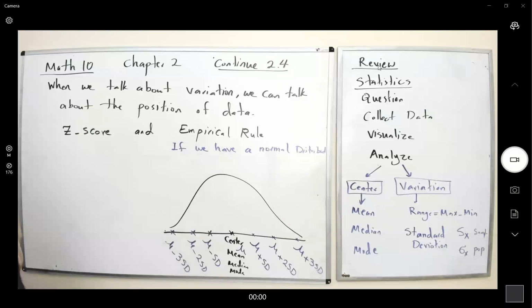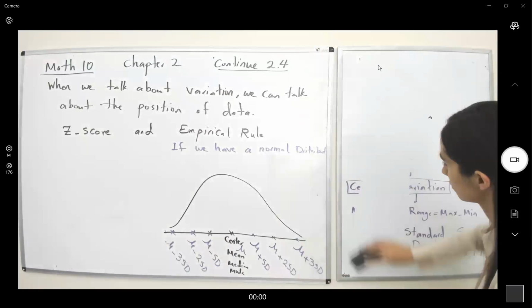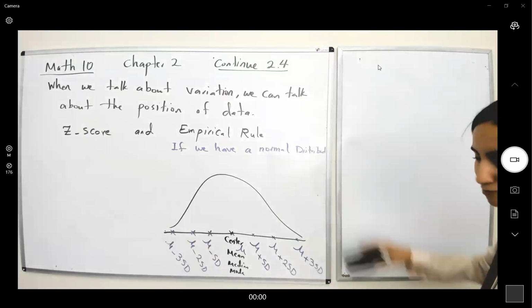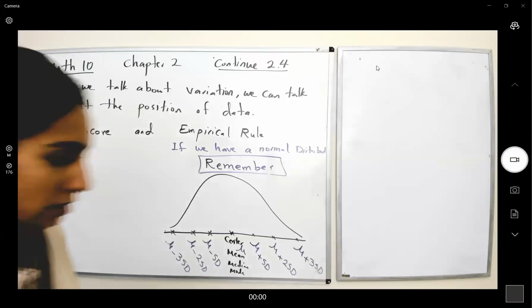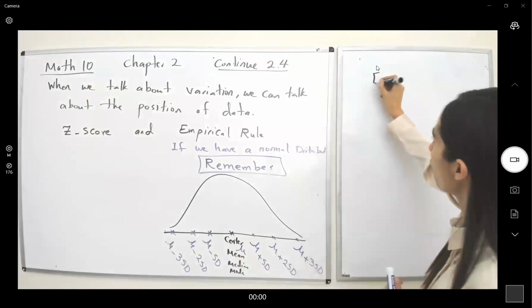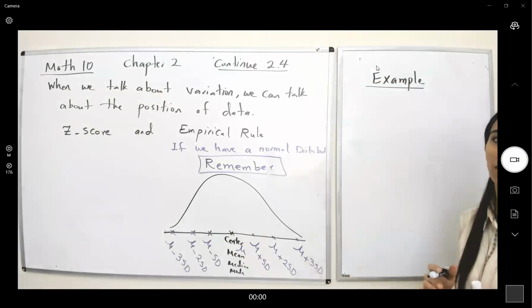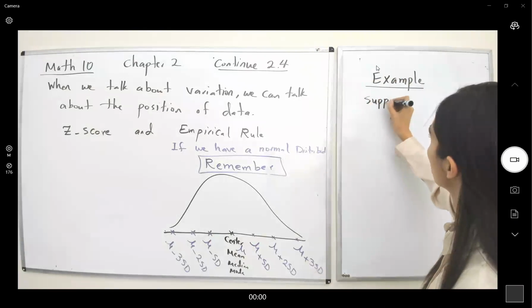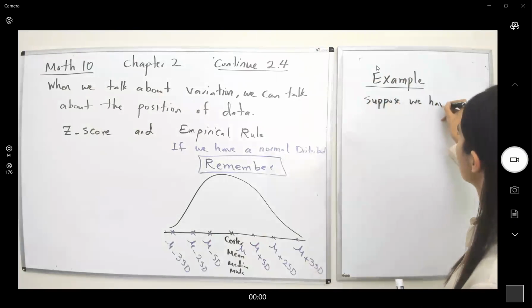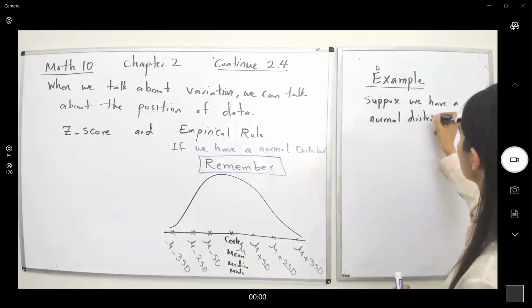Okay, let me write down one example on the right-hand side so you understand what's going on here. So I'm giving you one example to actually see what I mean by this. Suppose we have a normal distribution.